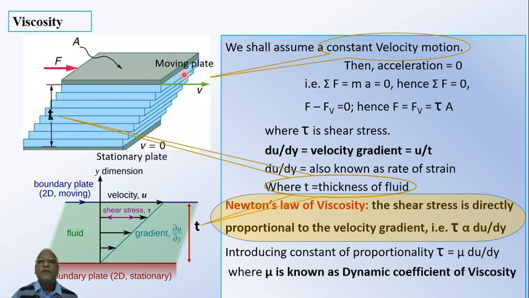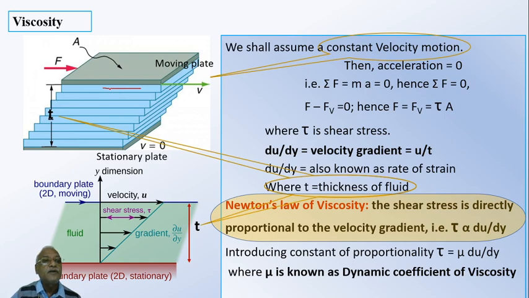Okay, we'll try to analyze this. Velocity is constant, so you know that acceleration is zero. Because of that, F equal to ma equal to 0. But there is a resultant force, and there has to be a frictional force of resistance.